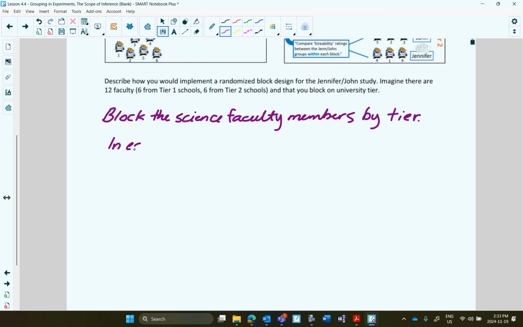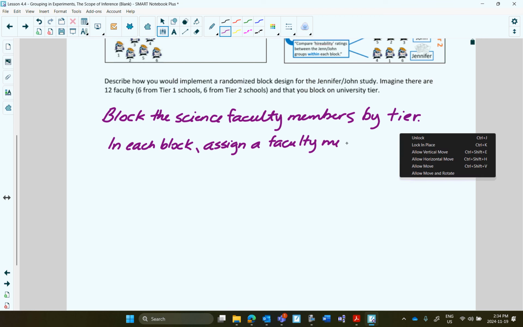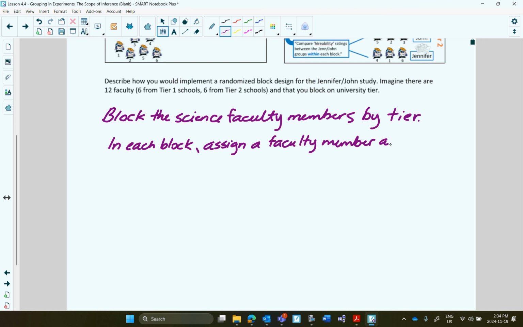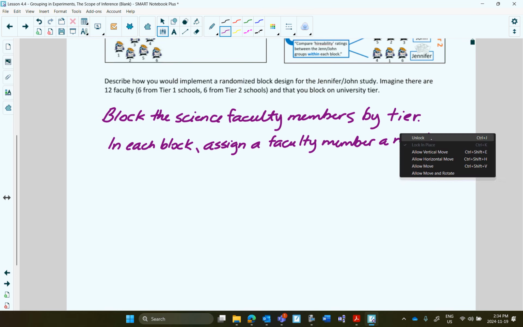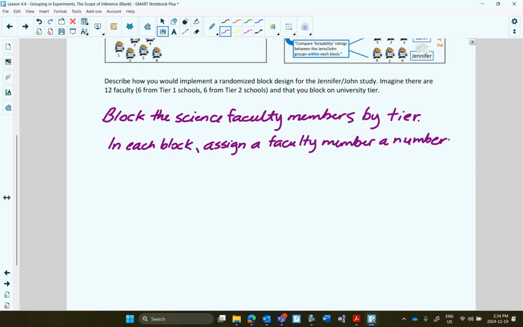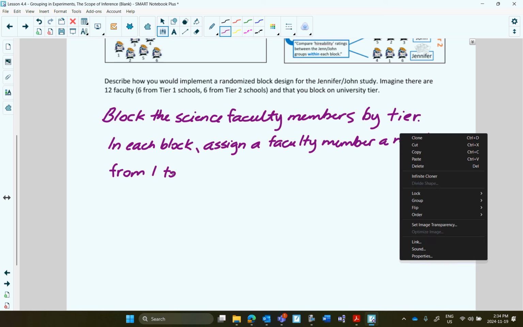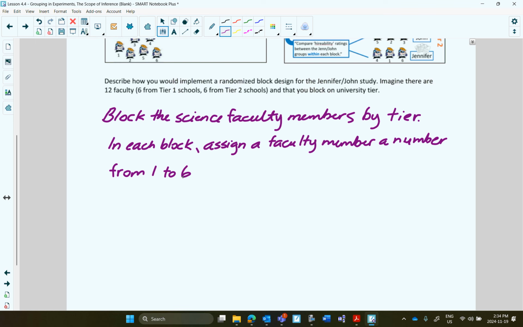So in each block, assign each faculty member a number from 1 to 6 of tier 1.